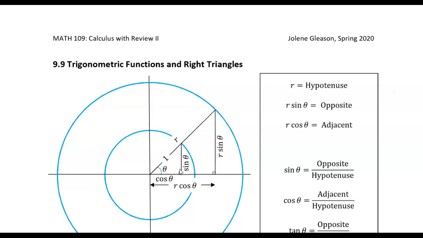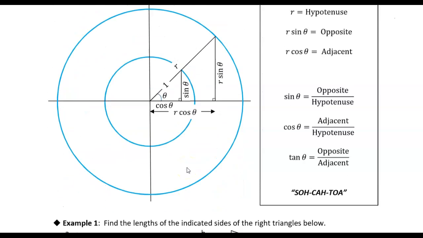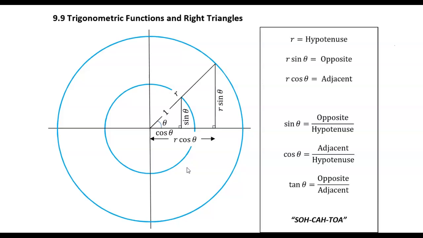We can do the same thing with the adjacent side. The adjacent side is r cosine theta. If we divide it by the hypotenuse, we get cosine. And then let's go down here to tangent. We know that tangent is sine over cosine. So if I take the opposite side divided by the adjacent side, the r's will cancel and we get sine over cosine. So tangent is opposite over adjacent.